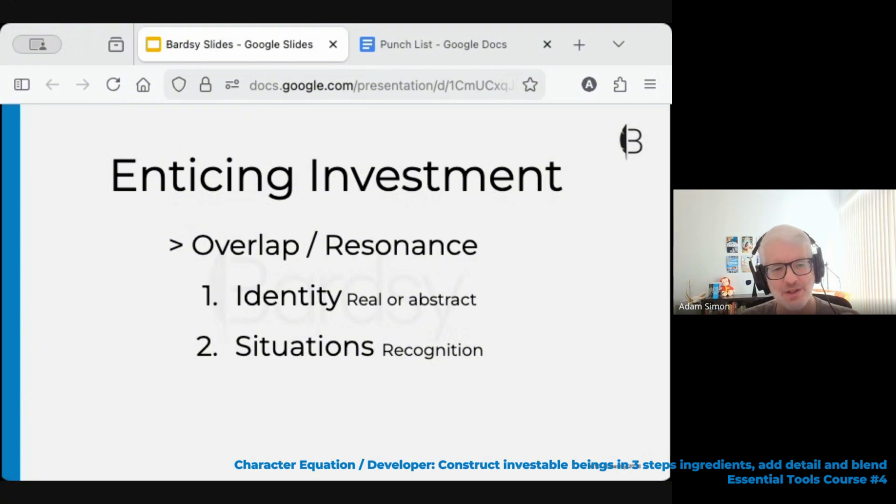But what I want to encourage you to do is think about a more abstract identity. So the leading example here is E.T. You might not remember him anymore, but he was an ugly-looking puppet, almost grotesque, right? And yet we empathized with him. Why? Well, he was experiencing things we all experience.